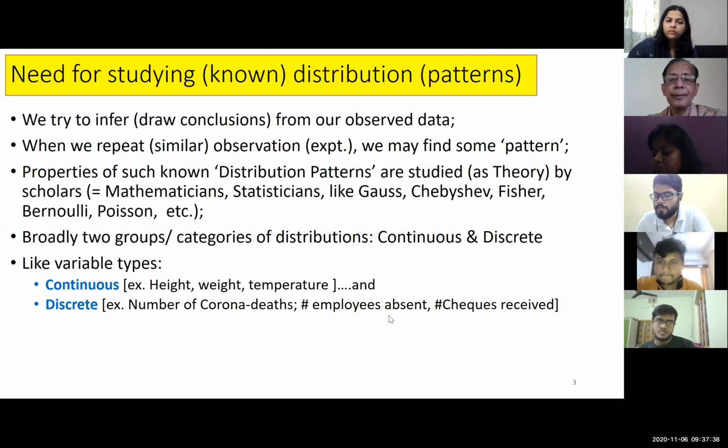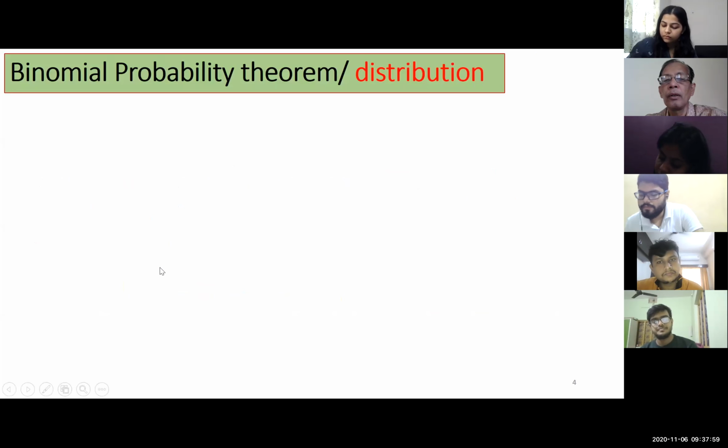So that will be discrete. Temperature, height, weight, all those things are examples of continuous variables, and the distribution that we may be fitting would be continuous distributions, right?